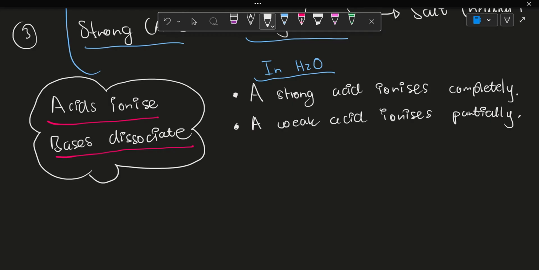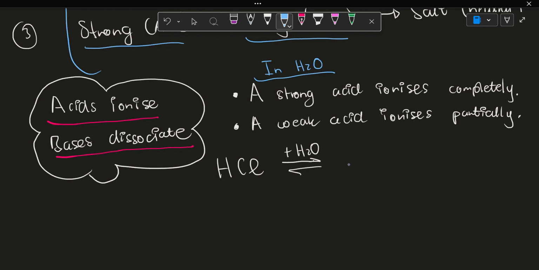So what do I mean? I mean that if I had to take a strong acid like HCl, when HCl is in water, when you add it in water, this is what happens.